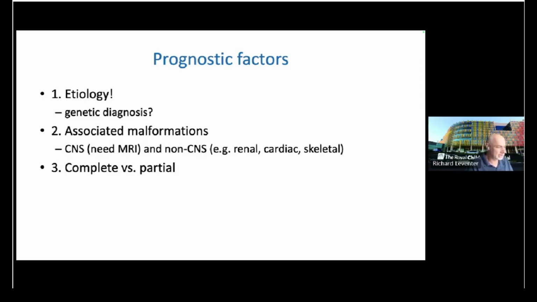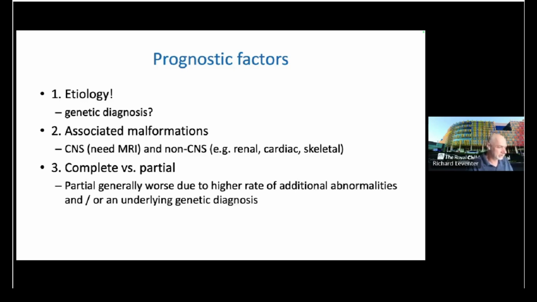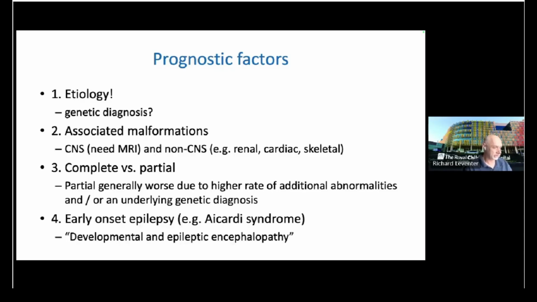Complete or partial ACC? Well, partial is generally worse prognosis, and that's because partial is usually associated with a higher rate of additional abnormalities or an underlying genetic diagnosis. It's not that partial ACC on its own is worse than complete in the isolated form, but you're more likely to have associated abnormalities with partial.